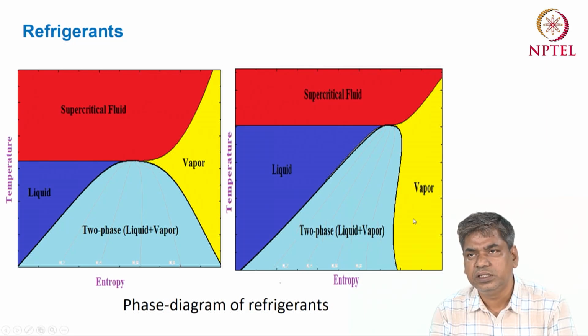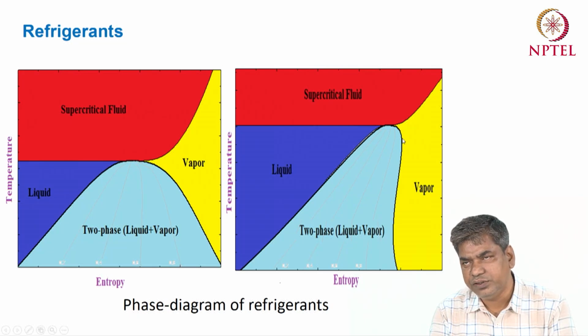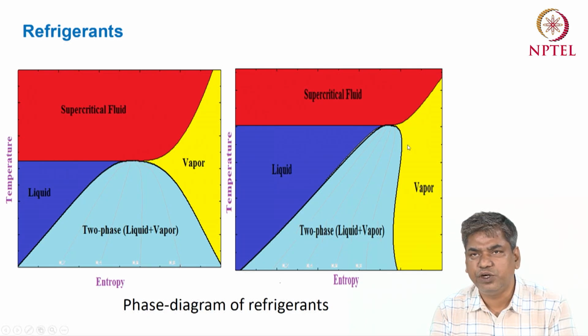So this is the dry fluid and the first one is the wet fluid. And in some special cases, if you see that the saturated vapor line is just like a vertical line, that means the saturated vapor line is basically following the isentropic process.